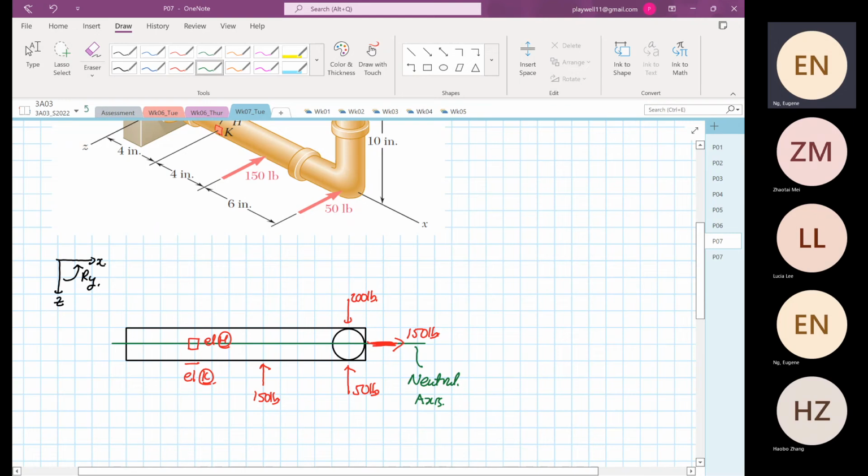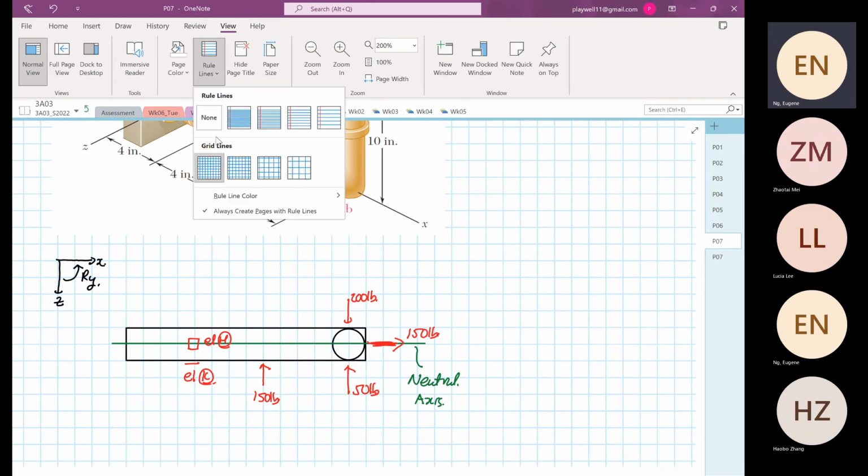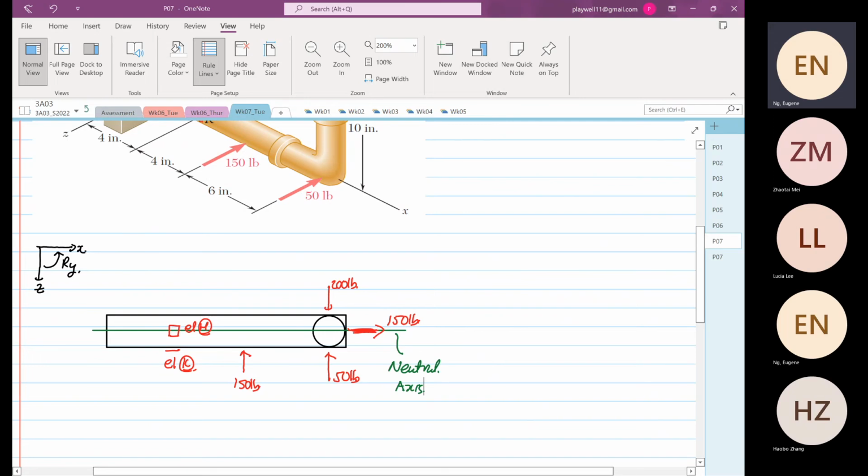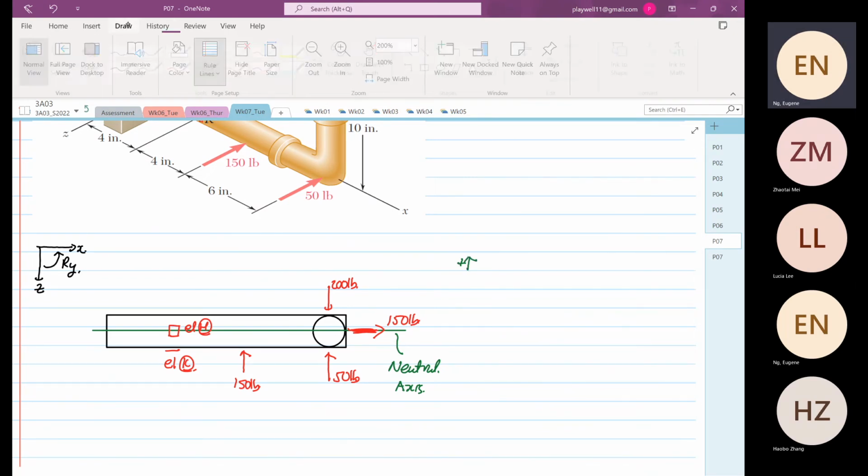Okay, so now we can calculate, we have to analyze everything now. Okay, so now from this view, right? So Z is going to cause a shear force. Okay, so we are going to have positive going in that direction.